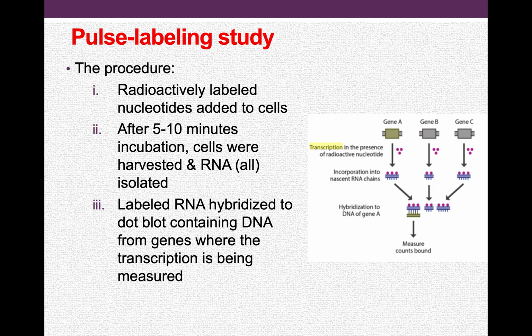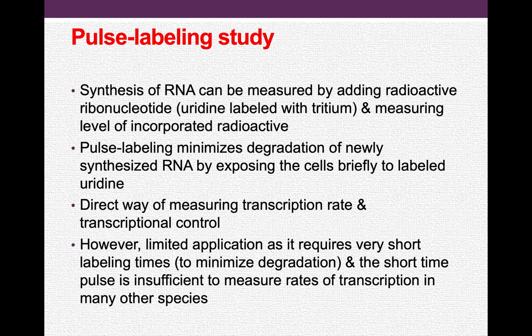When I say all of the RNA, I mean all different types of RNA. The labeled RNA will be hybridized to a dot blot containing DNA from the genes where transcription is being measured. Dot blot is a quantitation method to determine the expression, or the measurement of the transcription.